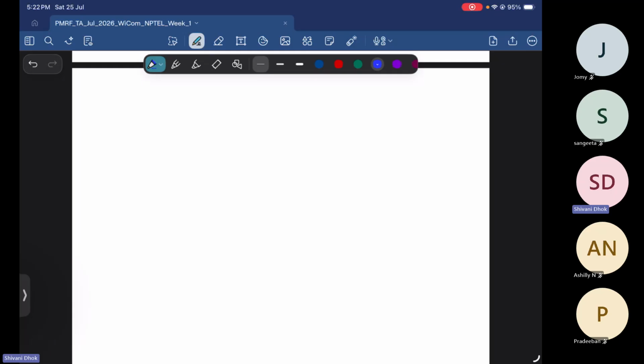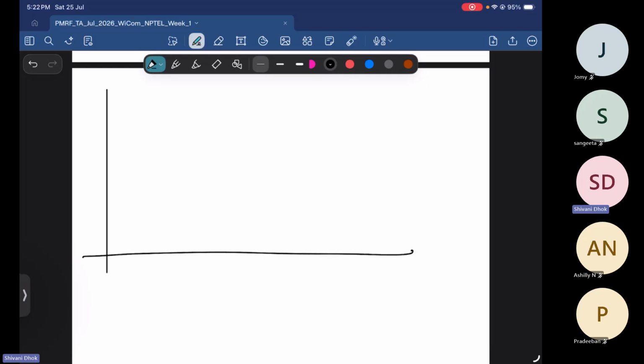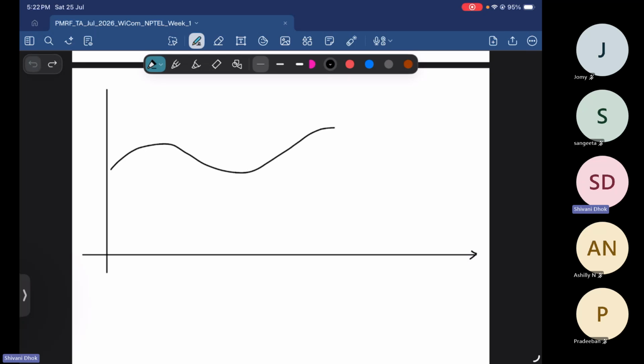So you have a continuous time signal, something like this, let's say.